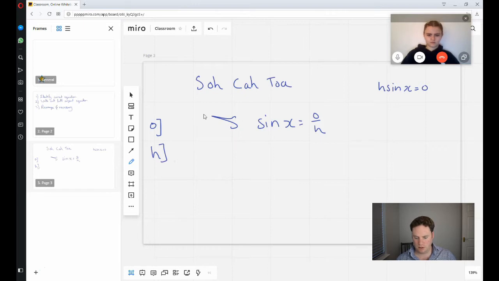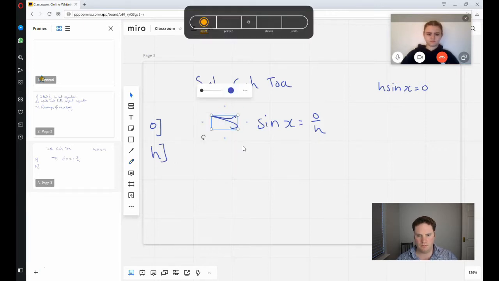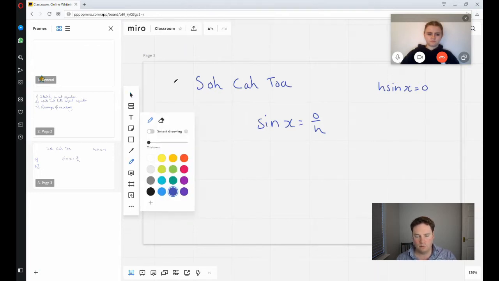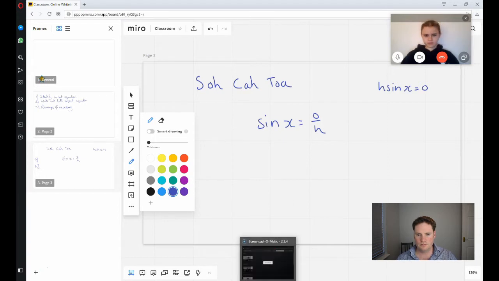Hypotenuse. I can just take the top and put it on the other side, can't I?